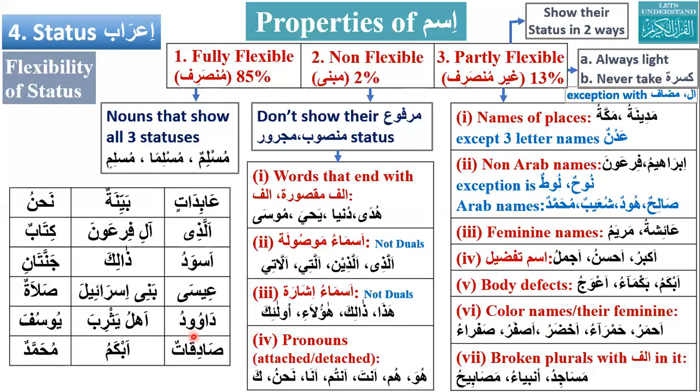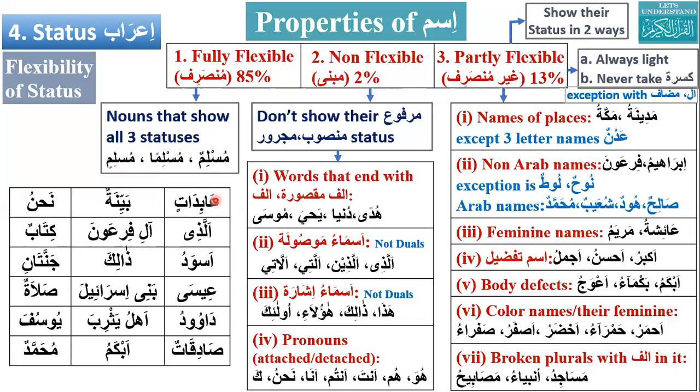Okay, let's take some examples. You have to tell me whether it is fully flexible, partly flexible, or non-flexible. Abidat in Hassan, is it partly flexible, fully flexible, or non-flexible? What's the meaning? Abid is the one who worships. Abidah, the one woman who worships.